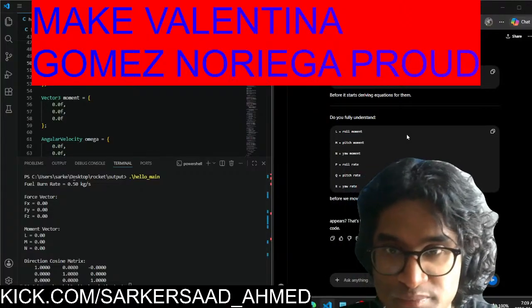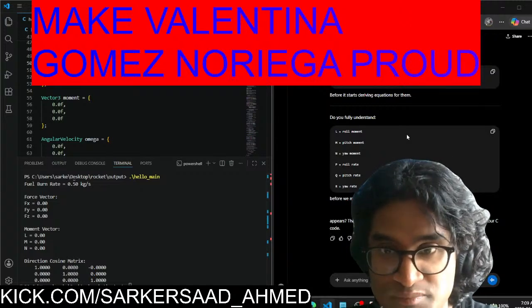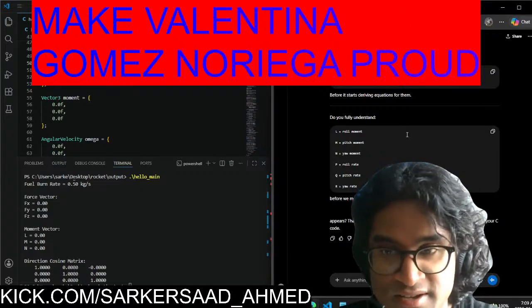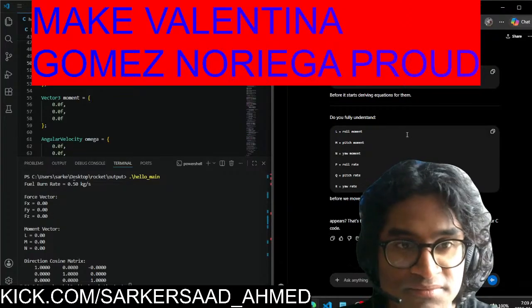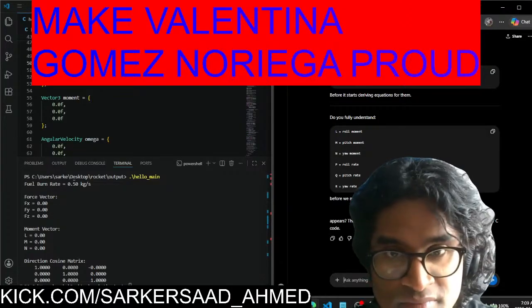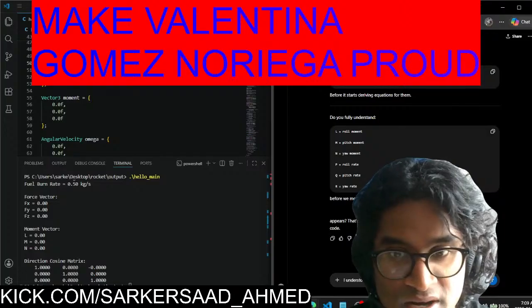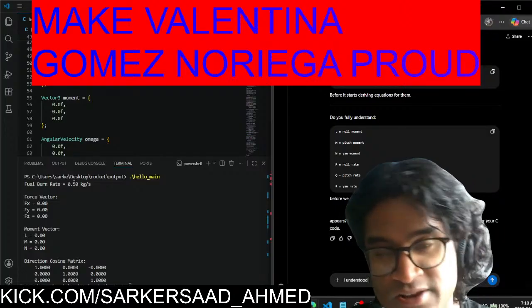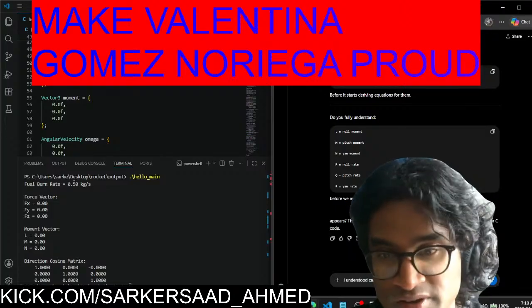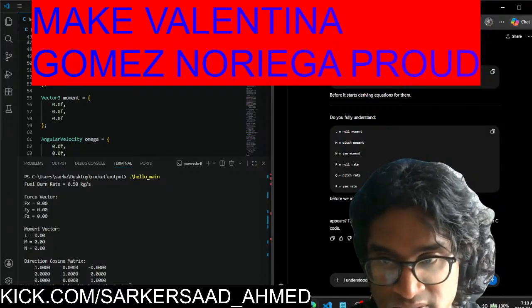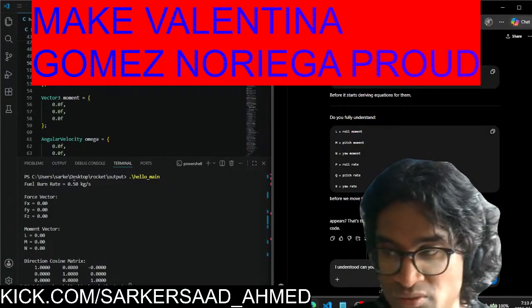The roll moment, pitch moment, yaw moment, roll rate, pitch rate, yaw rate. Yep, I understood. Can you convert whatever you explained into LaTeX code, by the way?